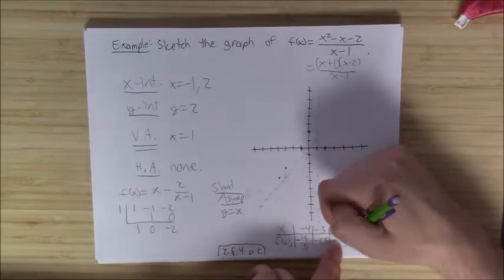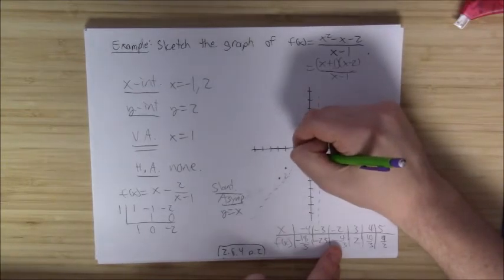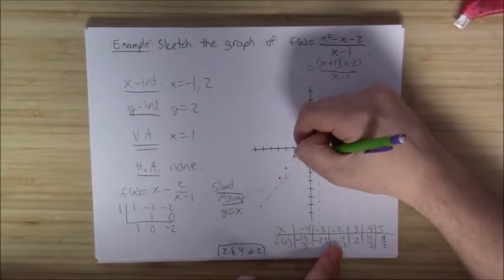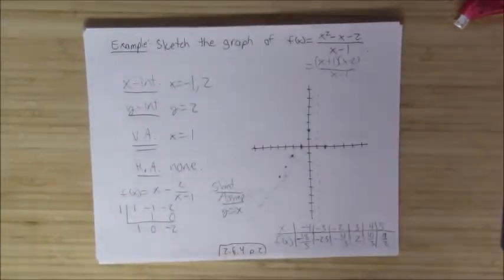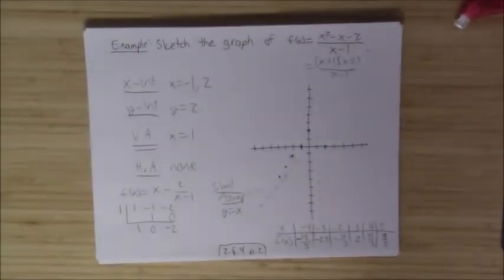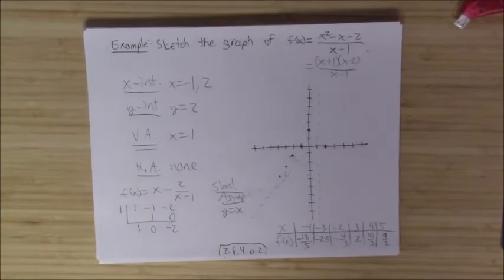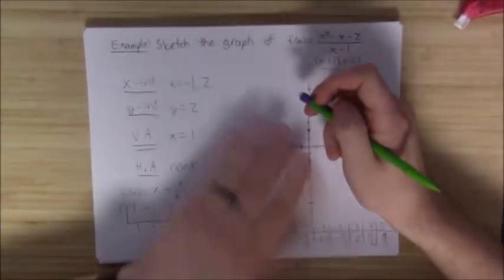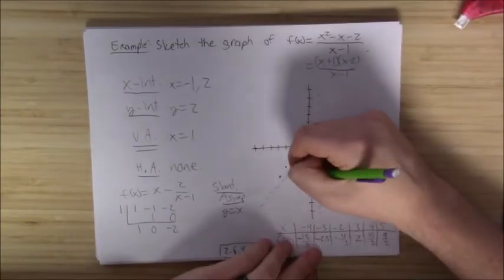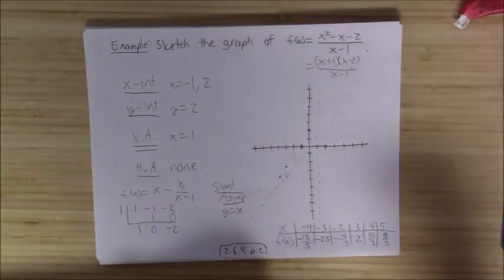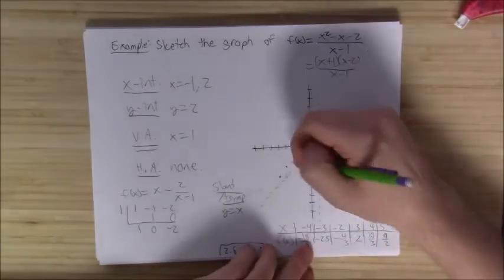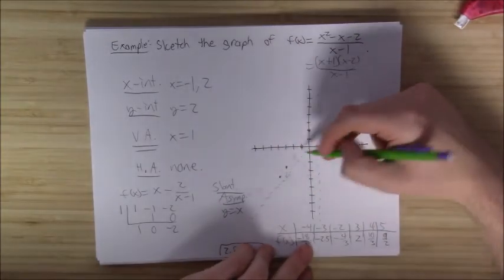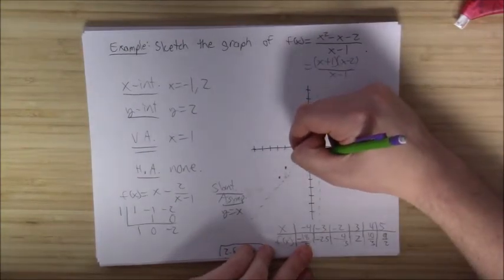At -2, we got negative 4/3, so 1 1/3 is about there.